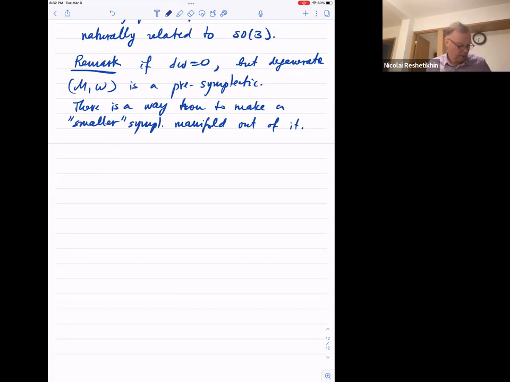So maybe let me define a couple of notions and then we will make a break until next week. Two very important types of submanifolds.